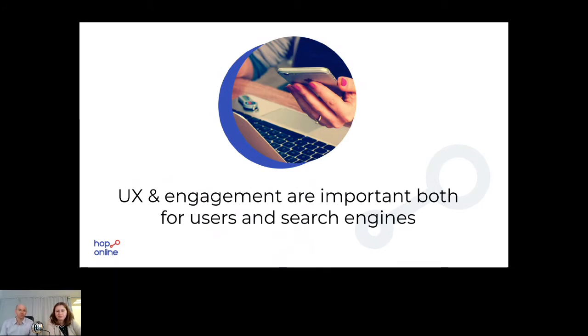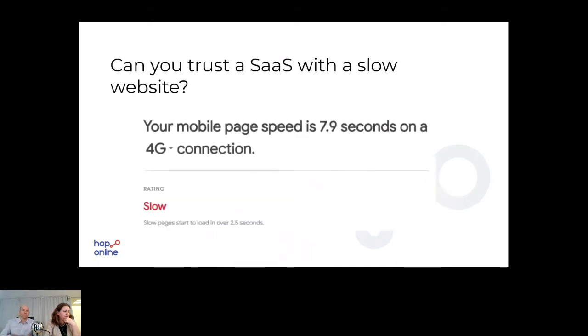And part of the user experience is speed, and mobile speed in particular, because most of the searches now on Google, more than half, are coming from mobile devices. And this in particular is an area where we see a lot of our SaaS clients still struggling with relatively low scores on the loading speed.